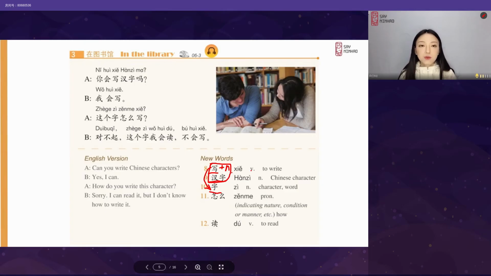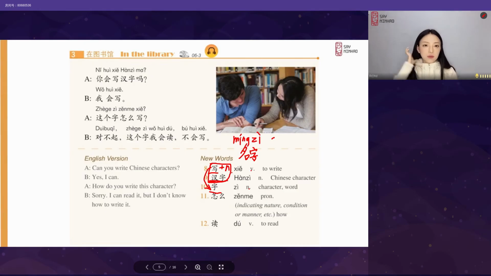Write name. We've learned it before, name. It is 写名字. Okay, 名字. Read after me please. 名字. It means name. So write name is 写名字.